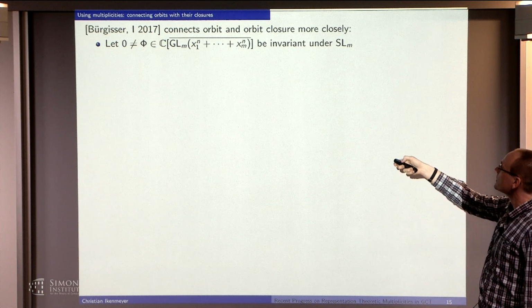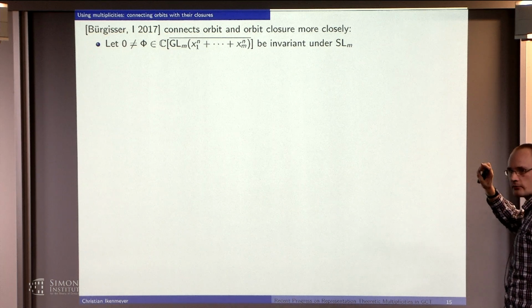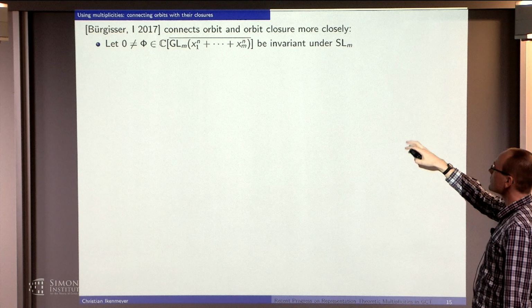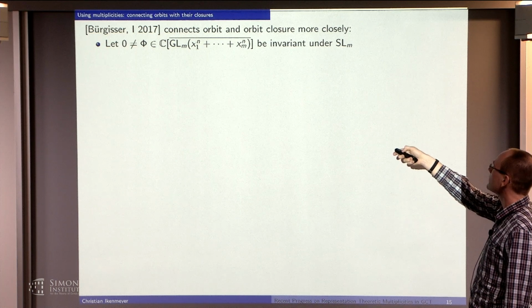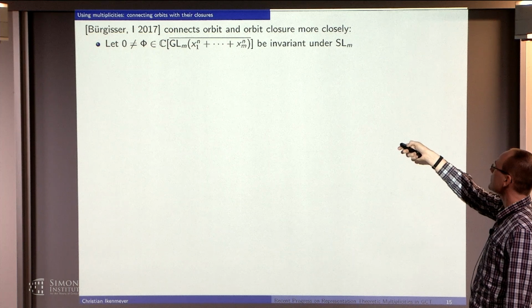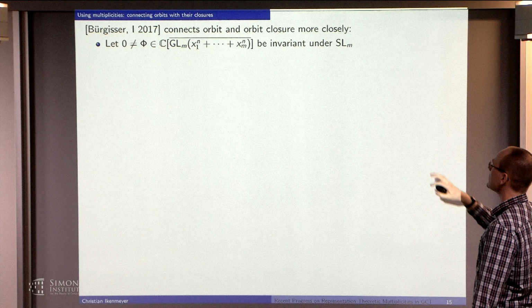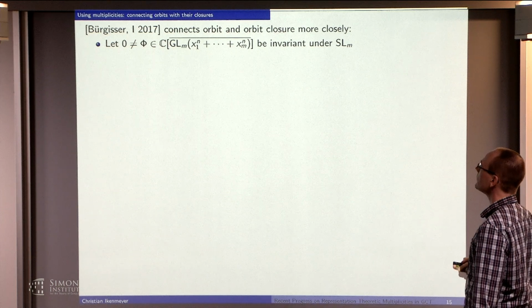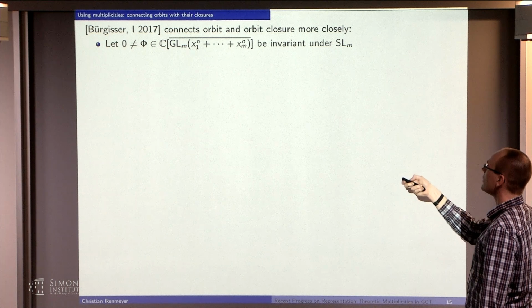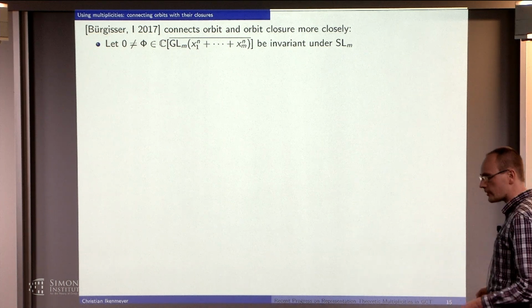We're looking at a different variety now, because in this variety it actually works nicely. So let's look at the variety x1. You look at the orbit closure of just this power sum here. I wrote this out just so that everybody's on the same page. You take an SLM invariant on this variety.